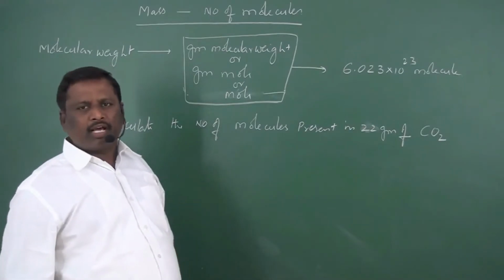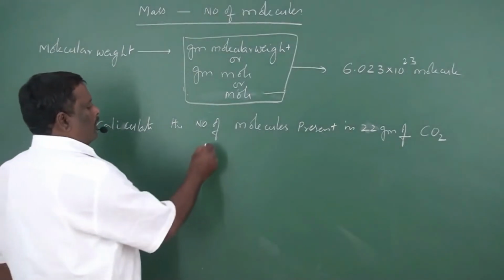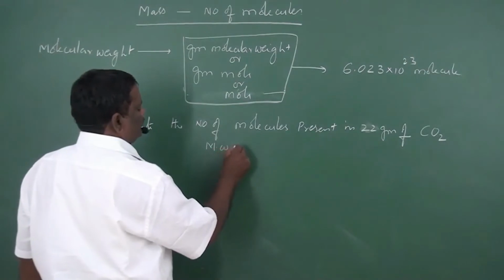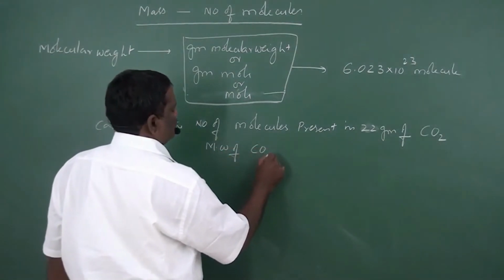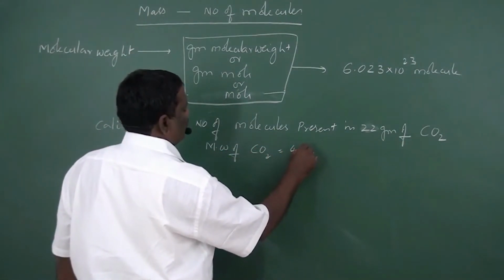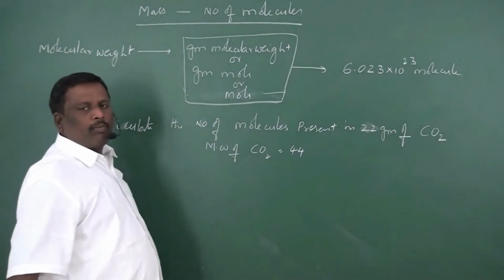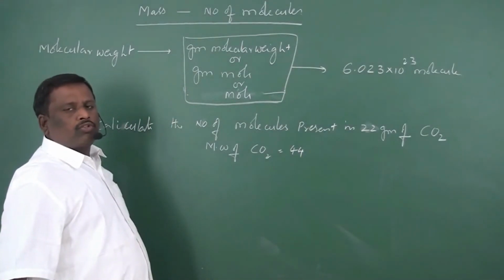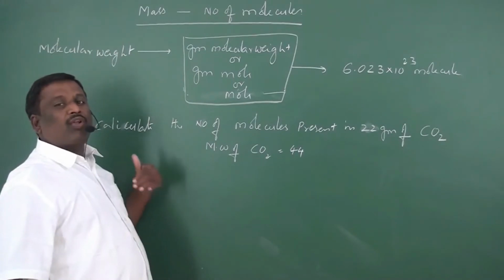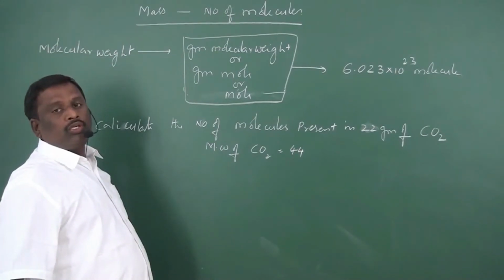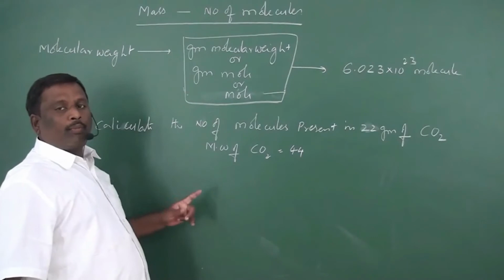Now the given substance is carbon dioxide. So the molecular weight of carbon dioxide is equal to 44. If you take 44 grams of CO2, then it will be equal to 1 mole.